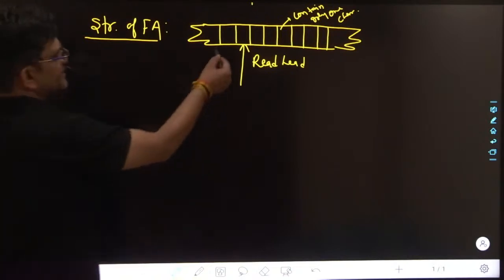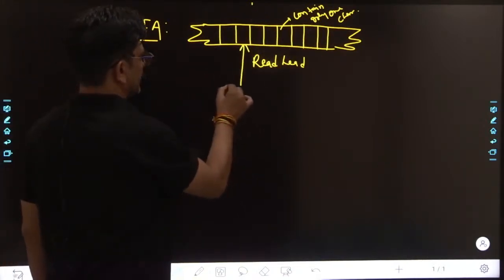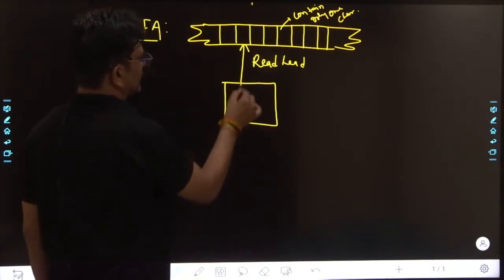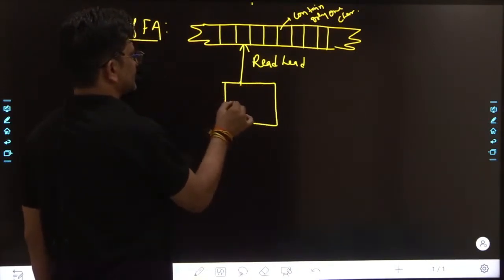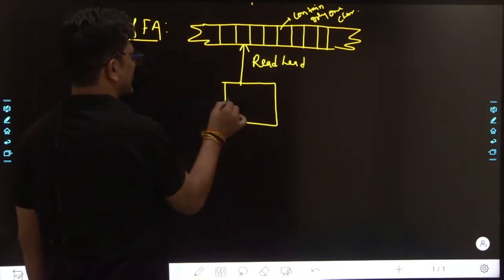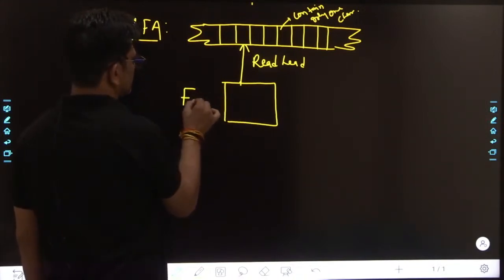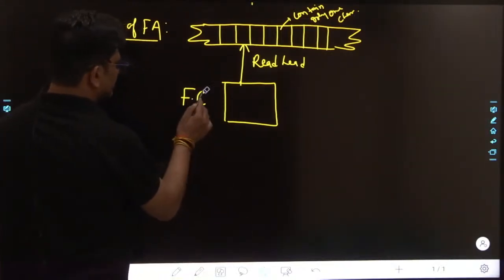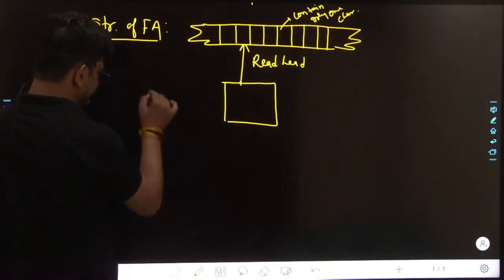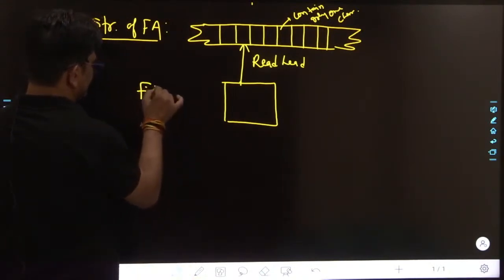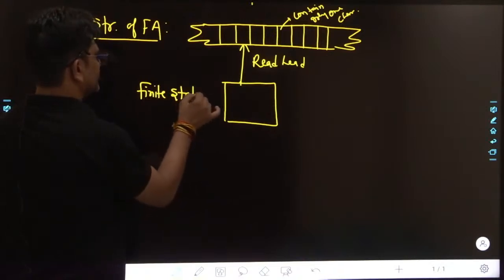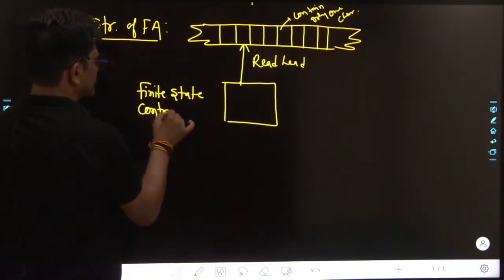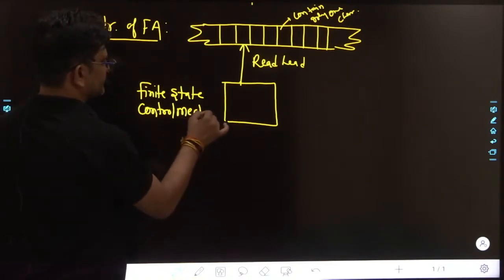This input tape contains the input string, and the other end of this read head is connected to the finite control, or we can say the finite state control mechanism.